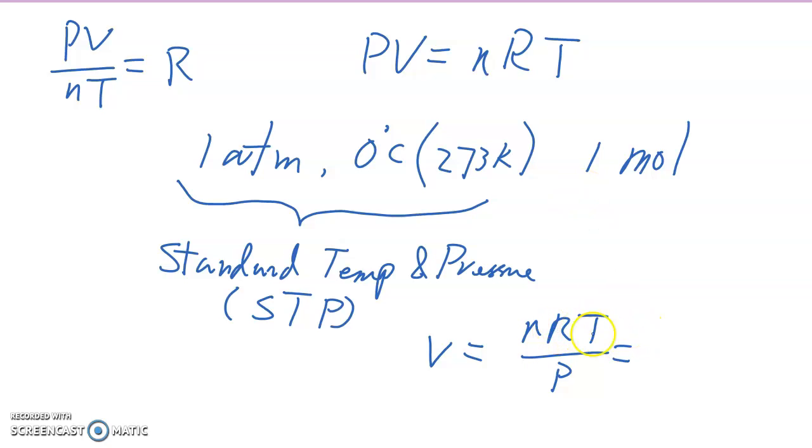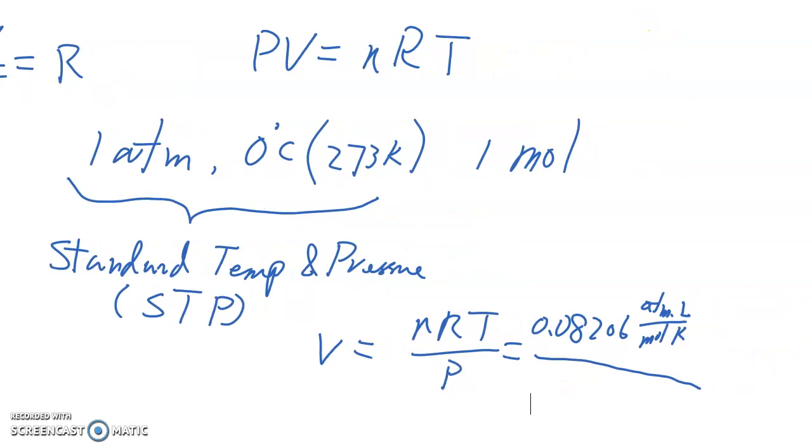n is 1 mole, R is 0.08206 with the unit atm liter per mole Kelvin. So we have to multiply by the temperature.